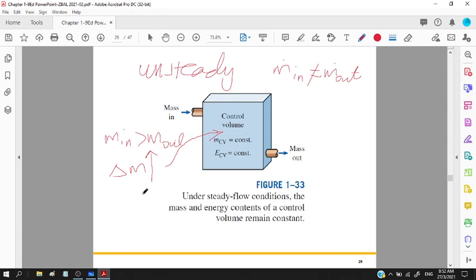If this is a rigid tank, a very rigid control volume, the leftover mass inside will create an increase in pressure, because we keep putting mass in and always have a difference between the mass in and the mass out. Therefore, pressure will develop, and after a certain period of time, this container will fail, or maybe it can explode.